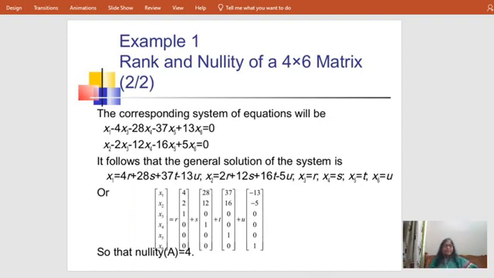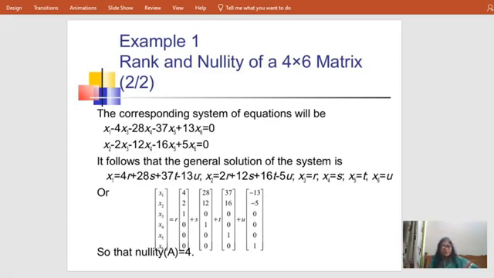So, the null space is nothing but the set consisting of 4 elements, that is 4 column matrices. First one is 4, 2, 1, 0, 0, 0. Second one is 28, 12, 0, 1, 0, 0. Third one is 37, 16, 0, 0, 1, 0. And finally, the fourth one is minus 13, minus 5, 0, 0, 0, 1.